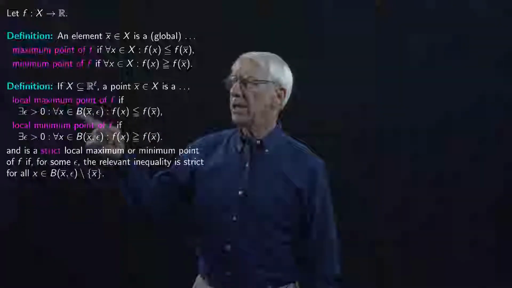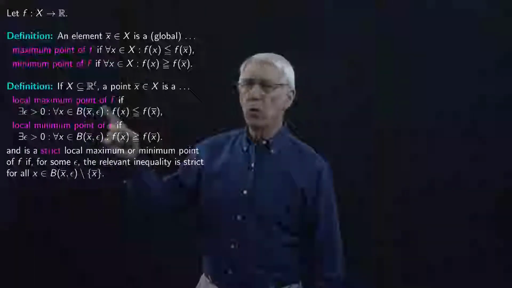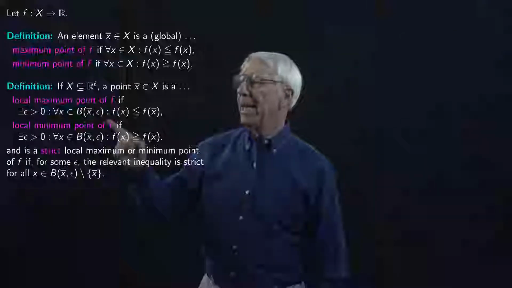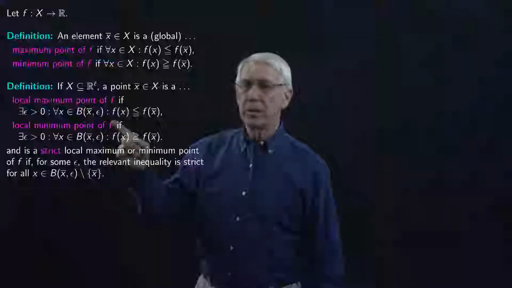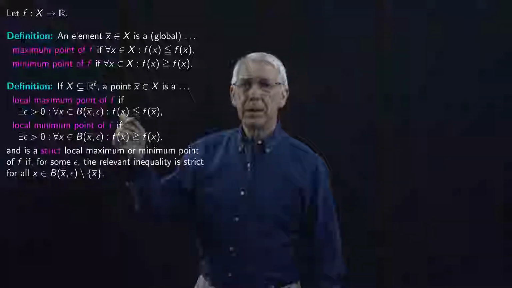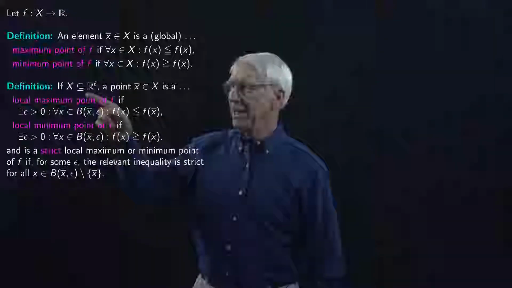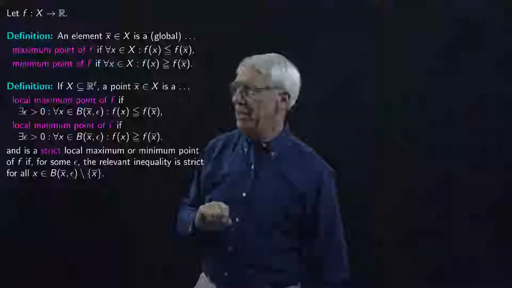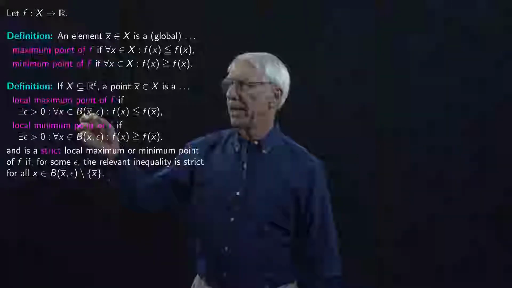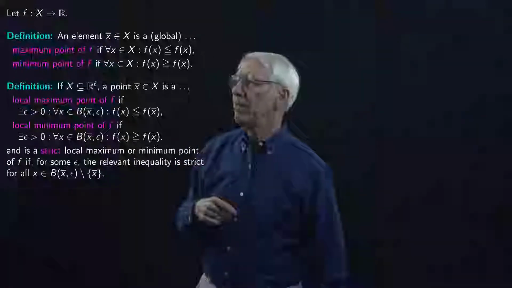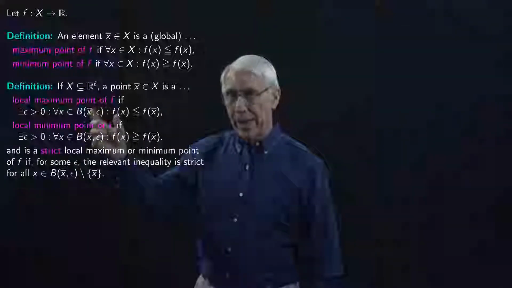And when that's the case, we say that a point is a local maximizer of the function, or a local maximum point, if there is some neighborhood of x bar on which x bar is actually a global maximizer, but only on that neighborhood. I didn't word it that way, but that's really what this definition says. We have a local maximum at x bar if there's a neighborhood of x bar, an open ball around x bar, on which x bar provides a maximum of f on that open ball.